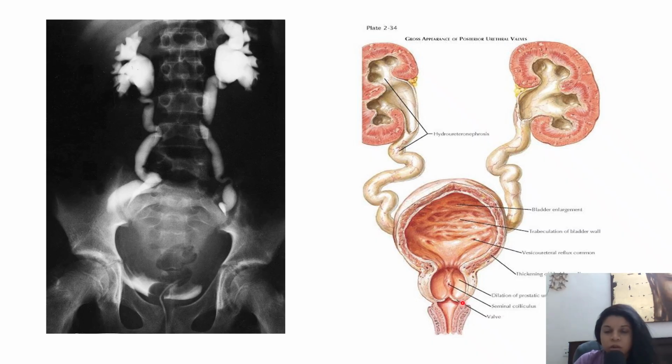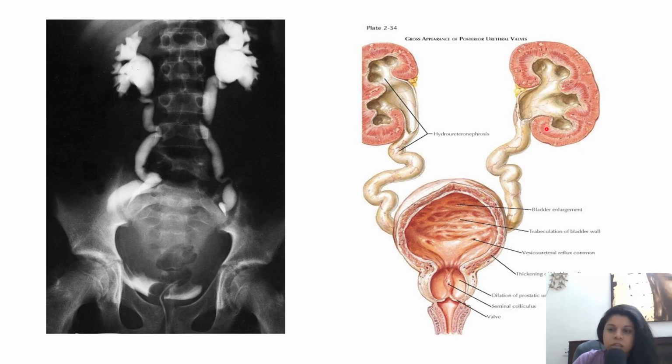Obviously, if the tract is obstructed here, the urine will accumulate in the bladder and then pass up both tracts. Because the obstruction is here, both tracts will be affected and dilated, and the renal pelvic calyceal system is also dilated. Now if this is not controlled, say for 10 years, both the child's kidneys are dilated and have gone into hydronephrosis.